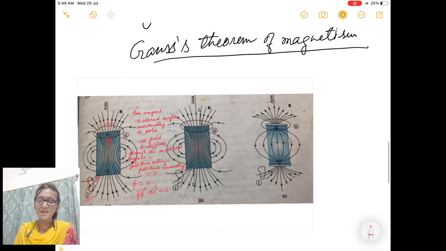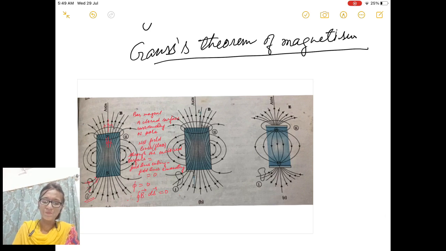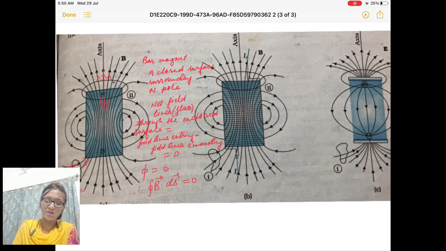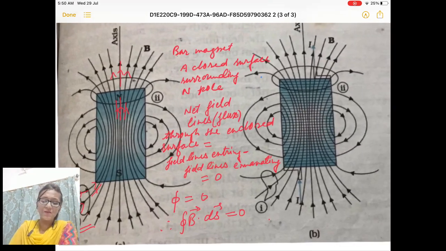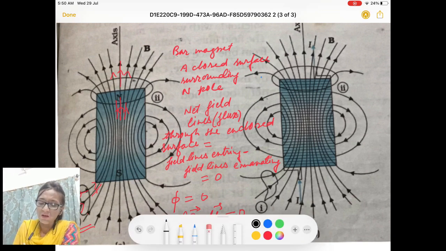Let us see this in diagram to convince with Gauss's theorem of magnetism. Here we have a bar magnet, and along north pole I have taken a closed surface, and you can inspect that number of field lines entering this enclosed surface is same as the number of field lines emanating from the enclosed surface.